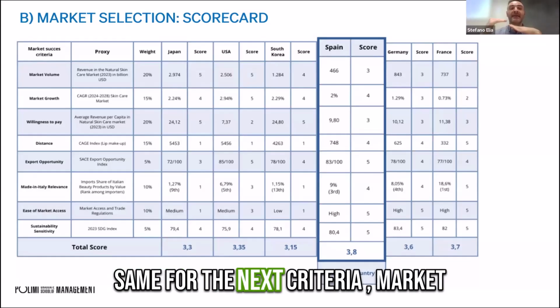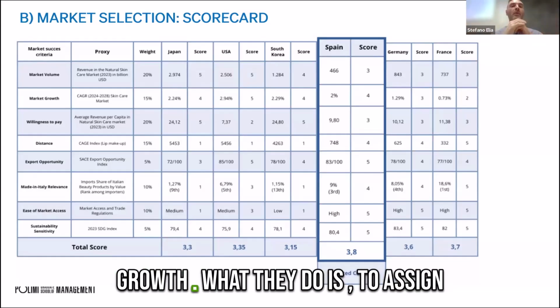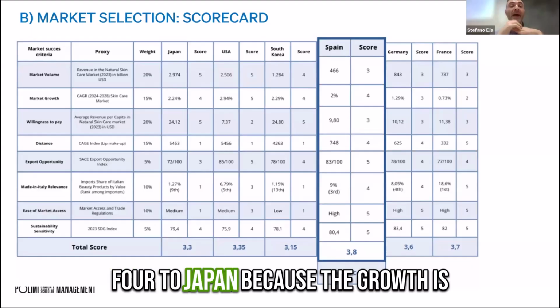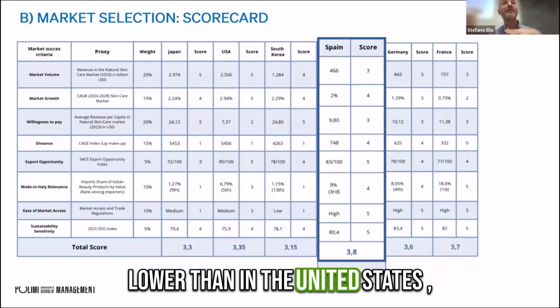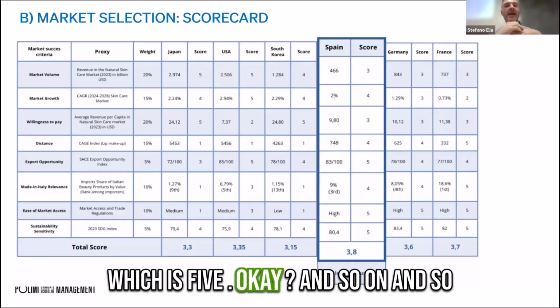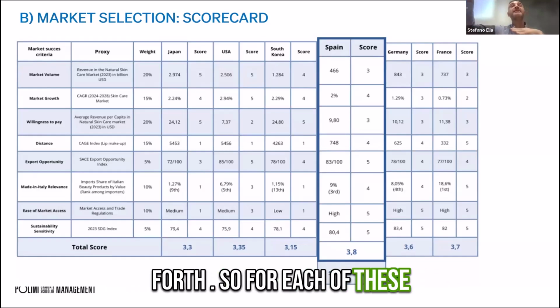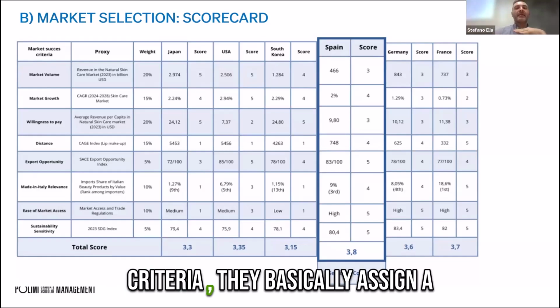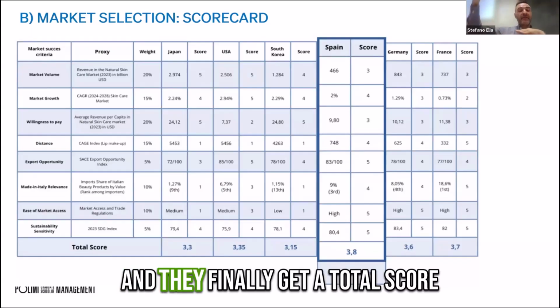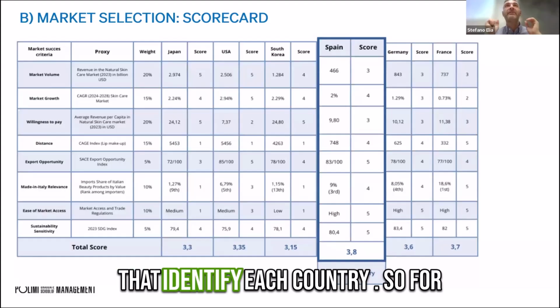The same for the next criteria, market growth. What they do is assign 4 to Japan because the growth is lower than in the United States, which is 5. Okay, and so on and so forth. So for each of these criteria, they assign a different score, and they finally get a total score that identifies each country.